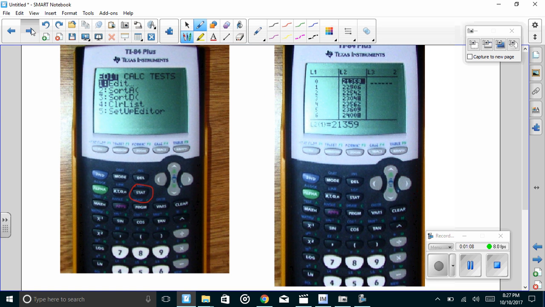And let me show you the calculator here. The way you do that is by hitting Stat and clicking on Edit. Then it'll show your actual values over here. And you can put your x values in on L1 and put your y values here on L2.